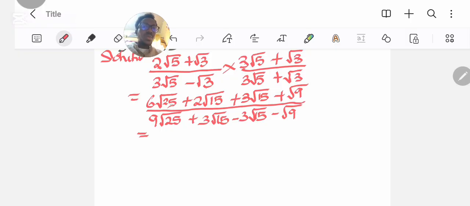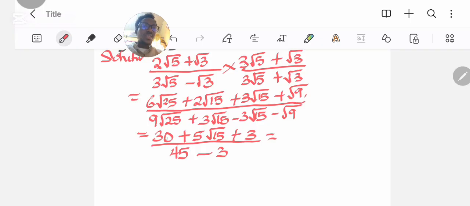So from what we have up here, the square root of 25 is 5. 5 times 6 is going to give us 30. Plus, if you look at these similar surds we have here, 2 root 15 plus 3 root 15 is going to give us 5 root 15, plus the square root of 9 is 3, all over square root of 25 is 5. 5 times 9 is 45. 3 root 15 minus 3 root 15 is going to give us 0, minus square root of 9 is 3.